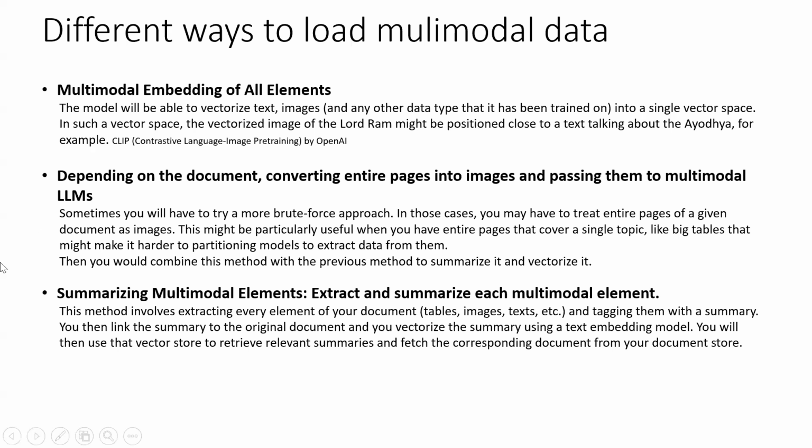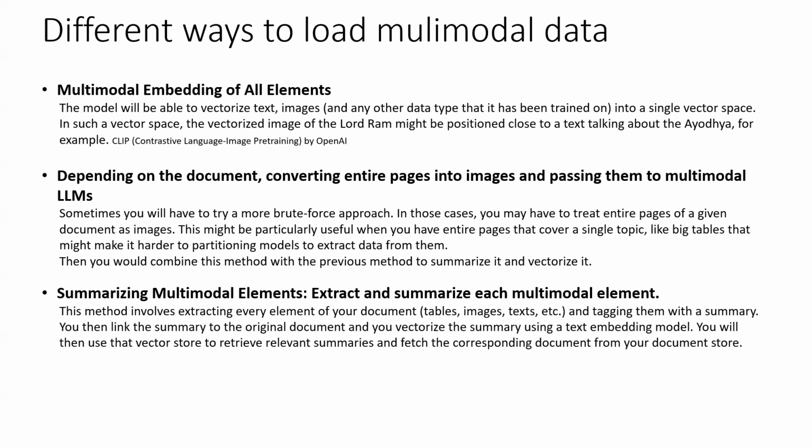The third option, which we will use for one exercise, is to summarize multimodal elements: extract and summarize each multimodal element. In this method, let's say we have a PDF which has tables, images and other complex objects. We will pass that to some API, which will create different elements out of it.